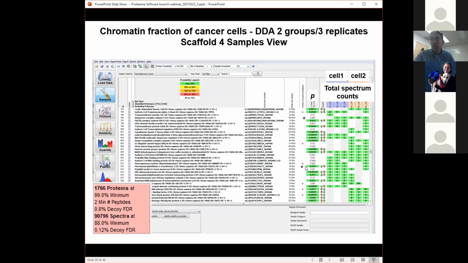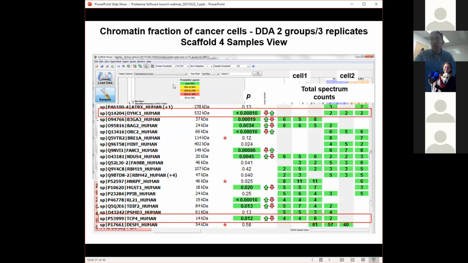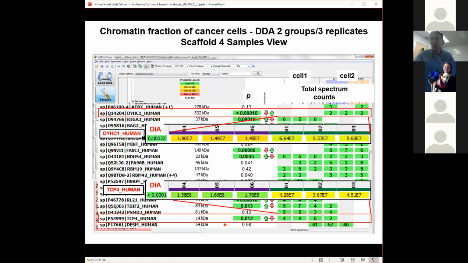But I wanted to see what was the comparison with the DDA data. And this is the set that I had just shown you. Going to highlight two specific proteins, DYHC1 and TCP4. And shown here is the corresponding DIA data. These are the same lysates. Obviously, they're different samples because the DDA was from a gel LC-MS and the DIA was from a single S-Trap digestion and sample prep.